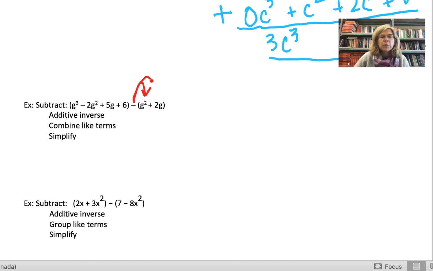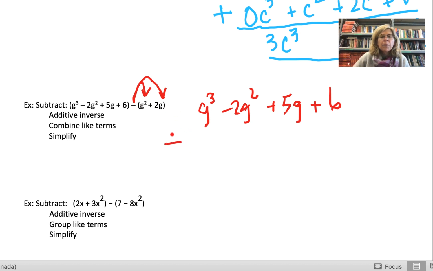So if you distribute the minus sign across all of the elements of this set, then that's the same as just adding. So then we would have g cubed minus 2g squared plus 5g plus 6.